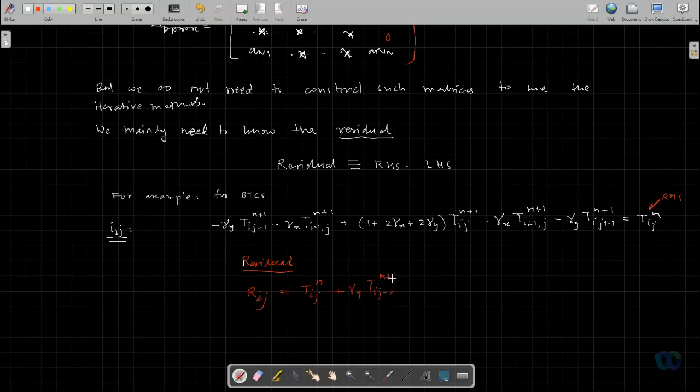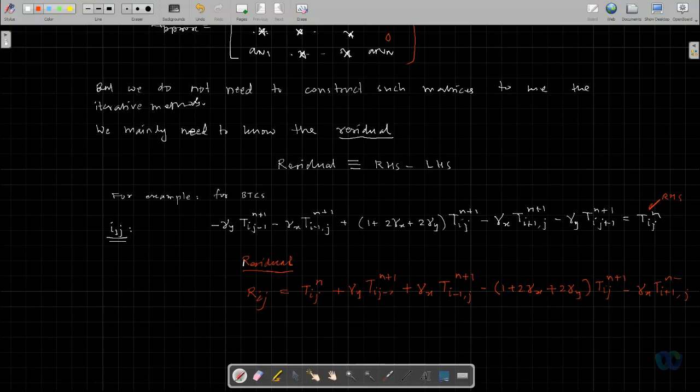Similarly, plus gamma x T i minus 1 comma j n plus 1, and plus of minus becomes minus: minus of 2 gamma x plus 2 gamma y T ij. It is very easy, isn't it? Just right hand side minus left hand side. So we calculate the residual like this.